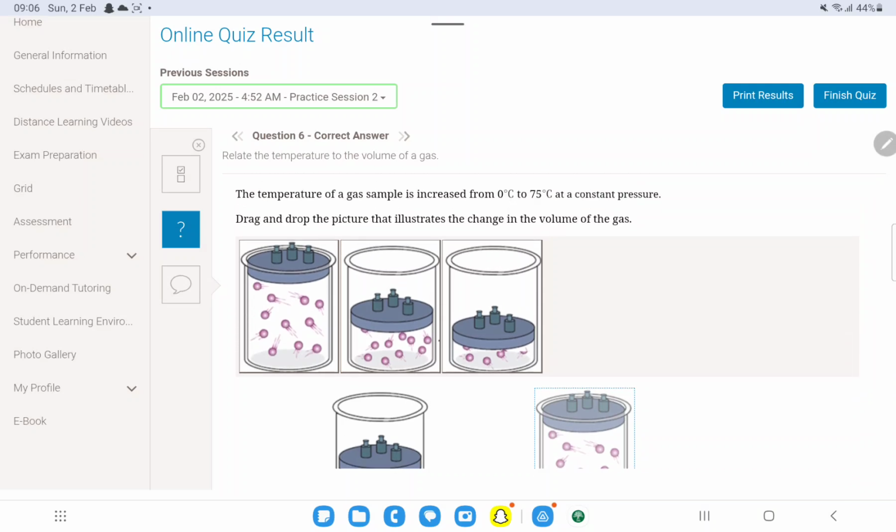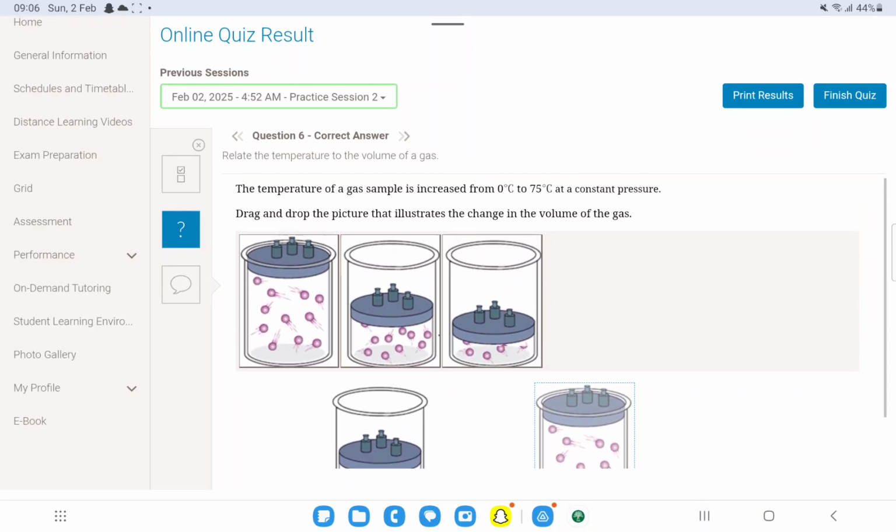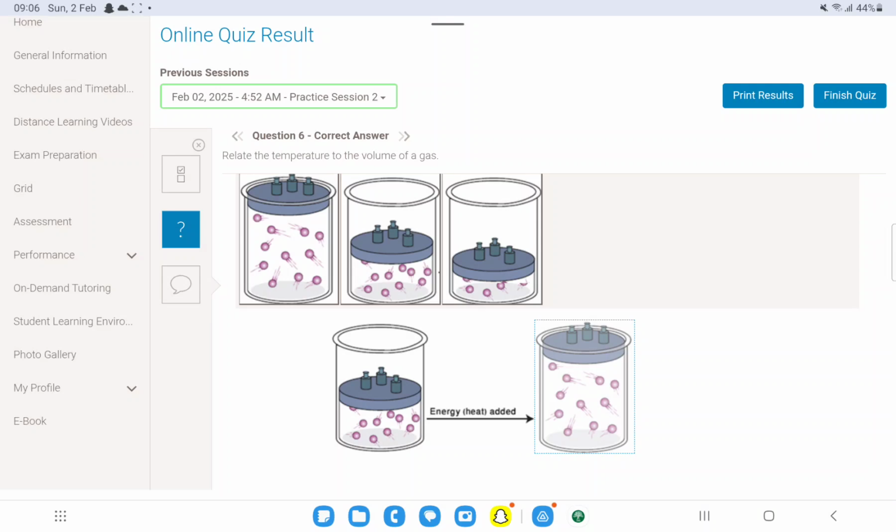The temperature of a gas sample is increased from 0 to 75 degrees Celsius at a constant pressure. Drag and drop the picture that illustrates the change of volume.